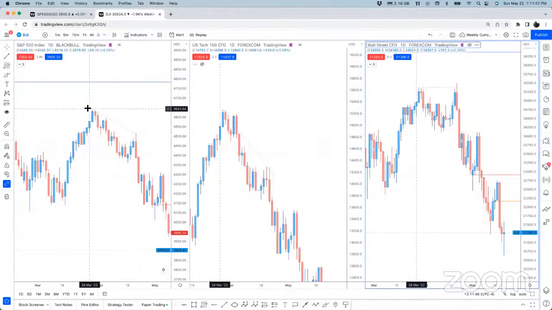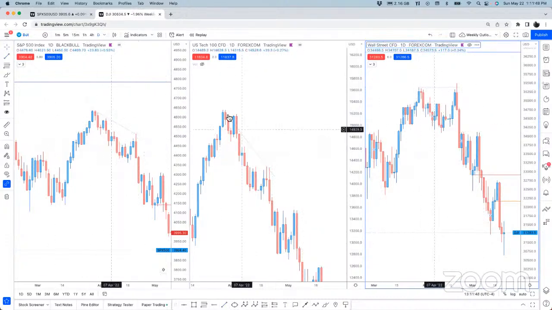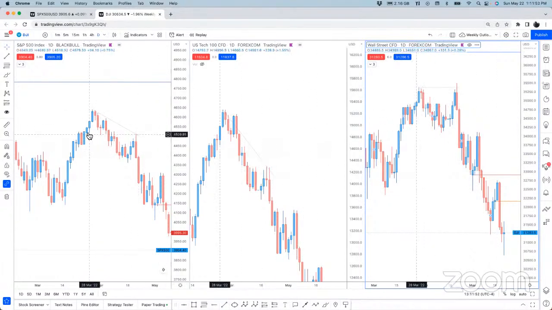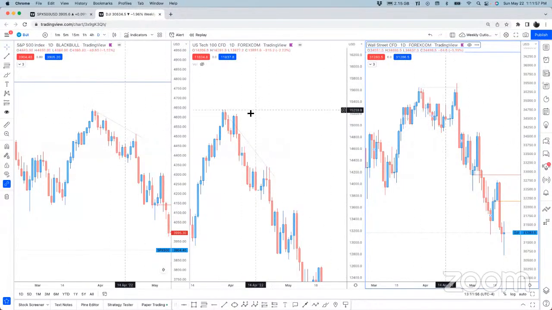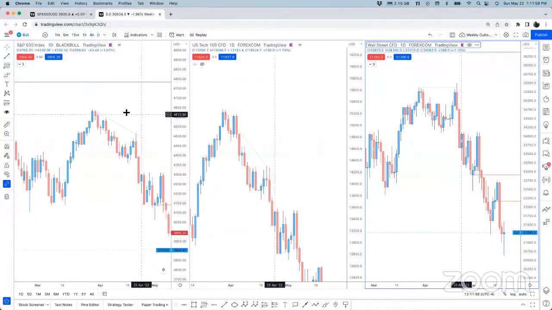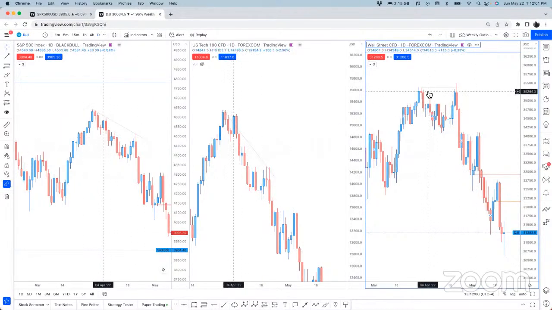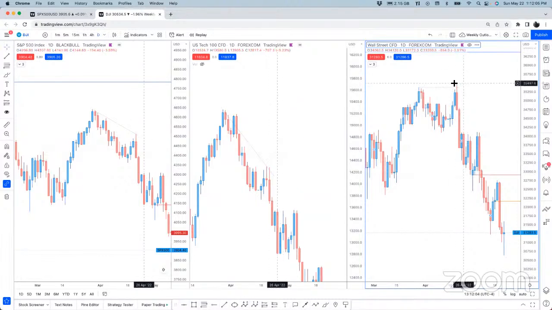So on NAS and SPX, at this same high, we have a divergence with NAS 100 and SPX, but we have a convergence here on US 30. We still got a high that was made, but on these highs, there are lower highs over here.